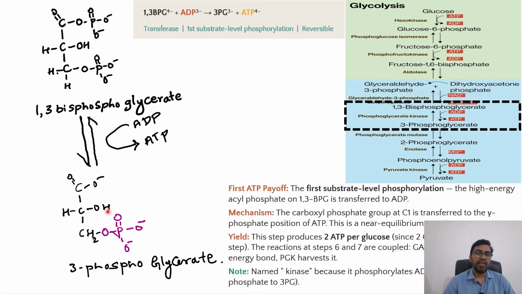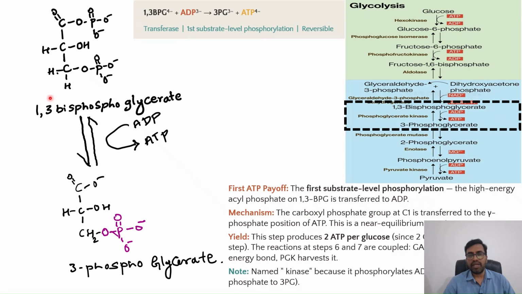Either in the reverse direction, where 1,3-bisphosphoglycerate is formed from 3-phosphoglycerate, or the conversion of 1,3-bisphosphoglycerate to 3-phosphoglycerate. Both directions are feasible.